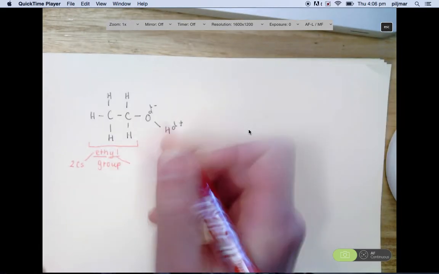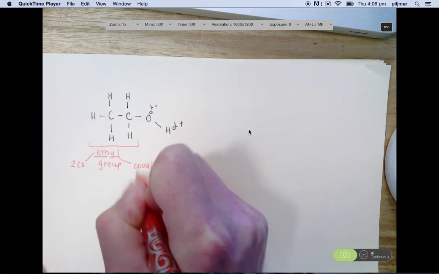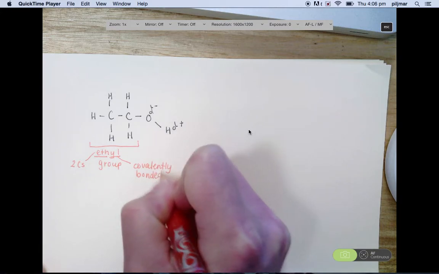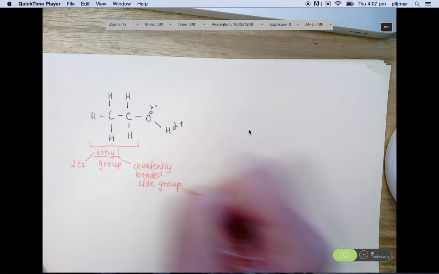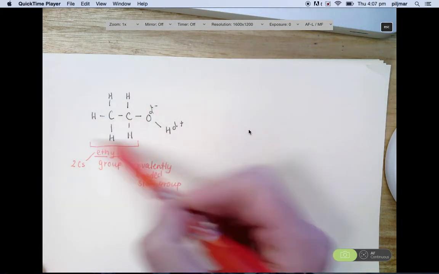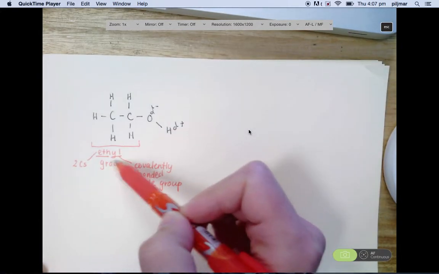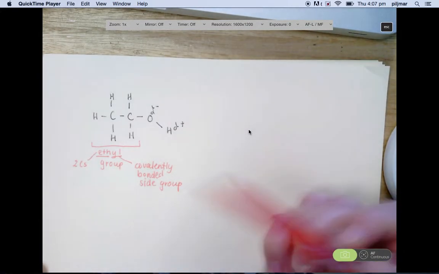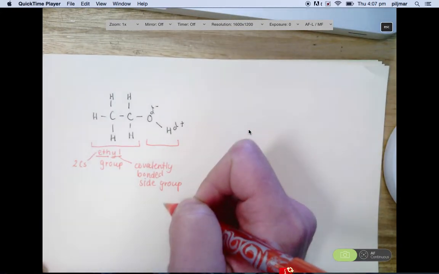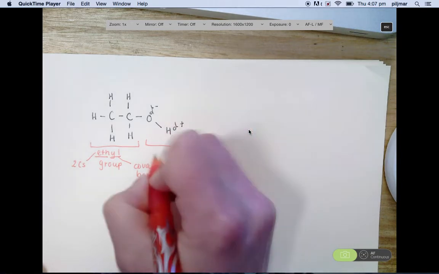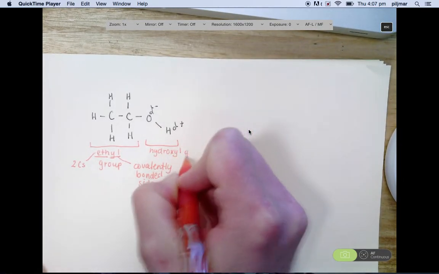And the "yl" is talking about the covalently bonded side group or section of the molecule. So this particular section, covalently bonded to this section, we refer to as the ethyl group, or the hydrocarbon section if you like. We said that the OH side group, we are all now aware that we call the hydroxyl group of ethanol.